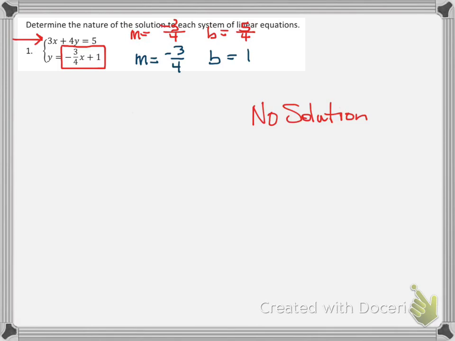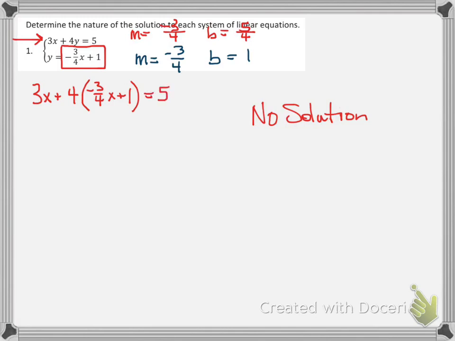And so that's what I'm going to do. I'm going to rewrite 3x plus 4 times y. Well, our y, we know, is equal to negative 3/4 x plus 1, and that's all equal to 5.